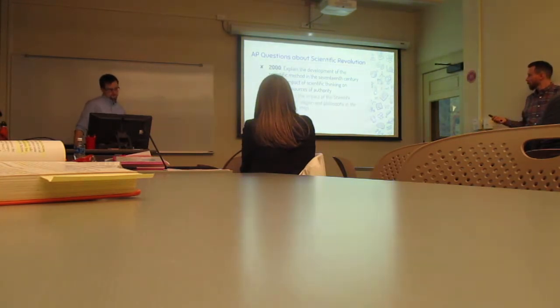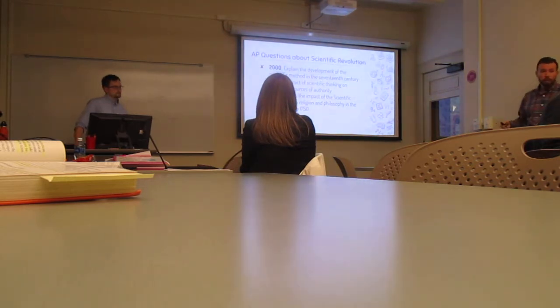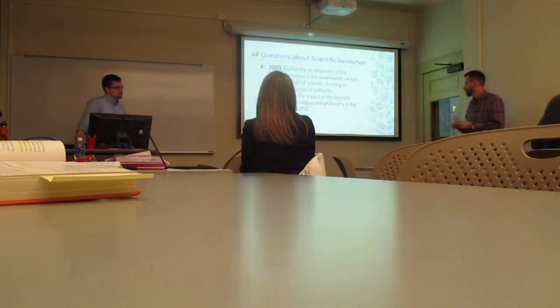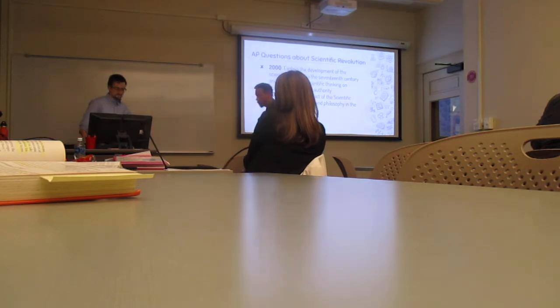Then from 2004, they asked the question: assess the impact of the scientific revolution on religion and philosophy in that period. And you guys got at a lot of the different changing of the guard in terms of ideas. And so that's a mind palace in the social studies classroom. I'm going to turn it over to Seth to guide us elsewhere.